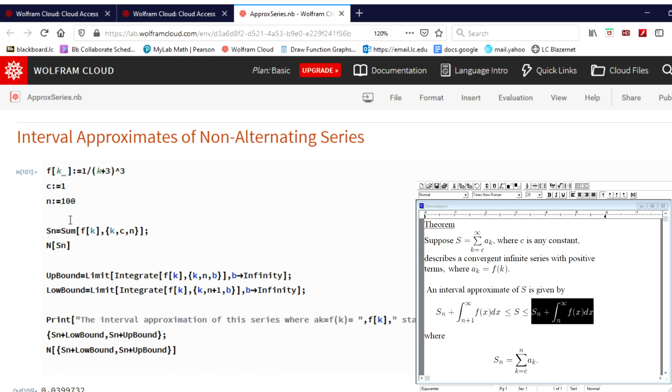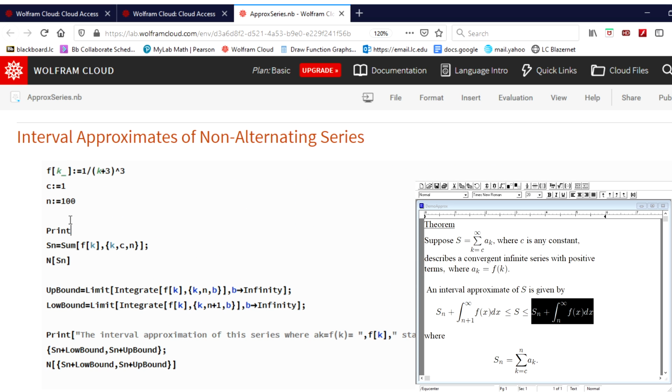We might note here, print the sum of the first n terms of this series is as follows. It is this following value here that we're going to get.